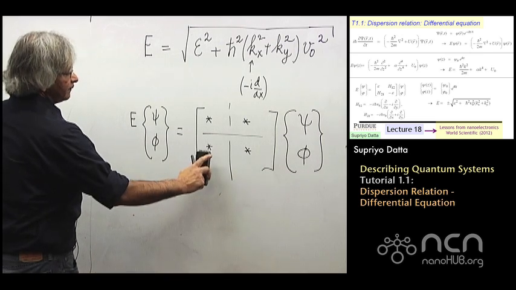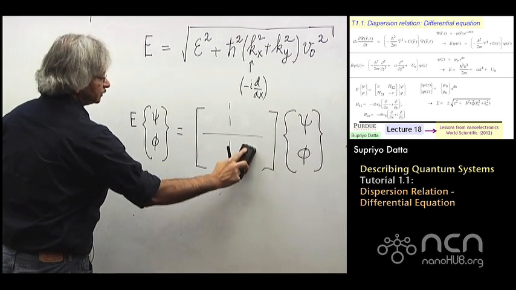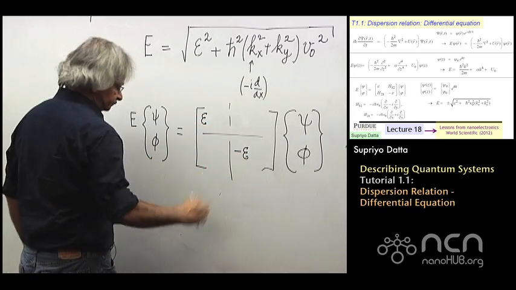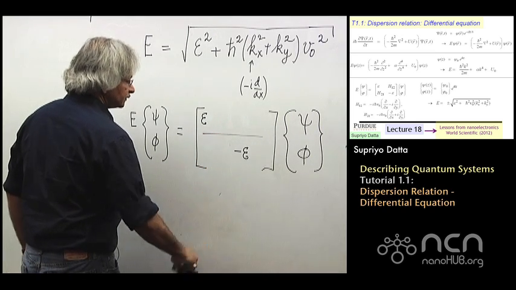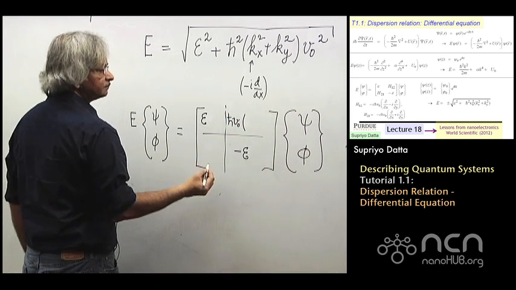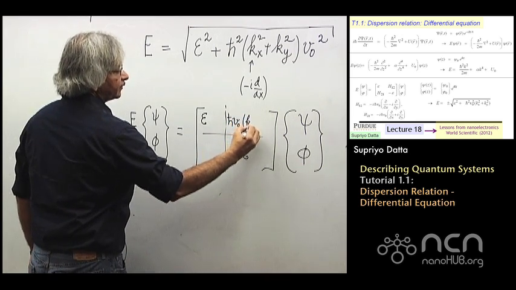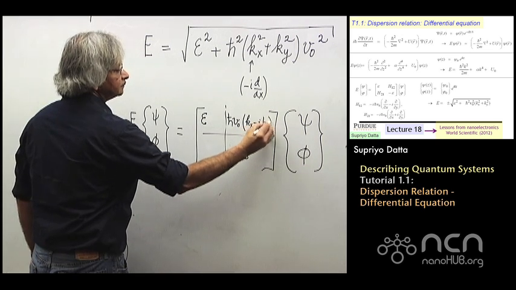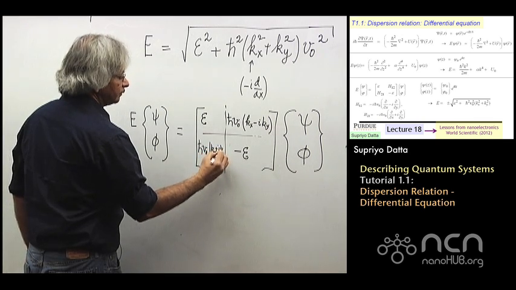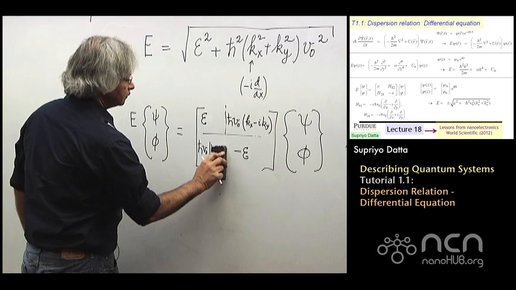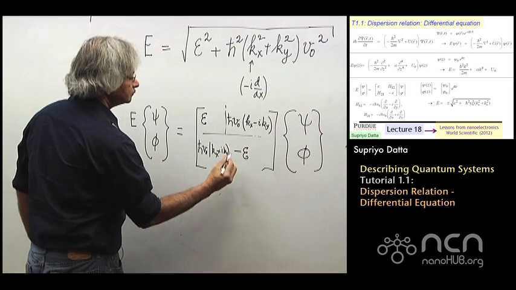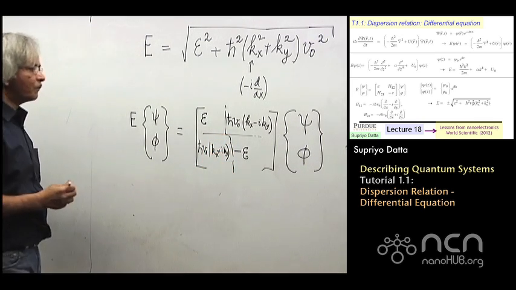In fact, let me just show you what that operator is. So let us say this operator, I'm going to write it here. This will be epsilon, this will be minus epsilon. And what you'll write here is h bar v0 times kx minus i ky, and h bar v0 times kx plus i ky.